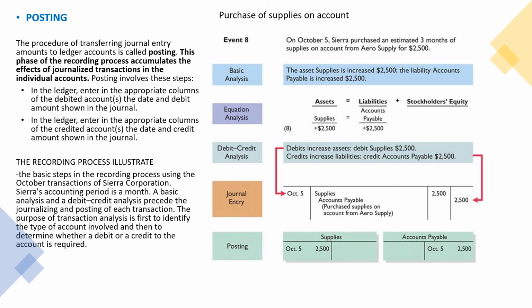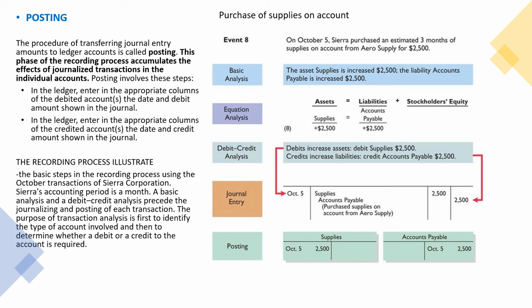Okay, so posting. The procedure of transferring journal entry amounts to ledger accounts is called posting. The posting phase of the recording procedure accumulates the effect of journalizing transactions in the individual accounts. Posting involves these three steps.